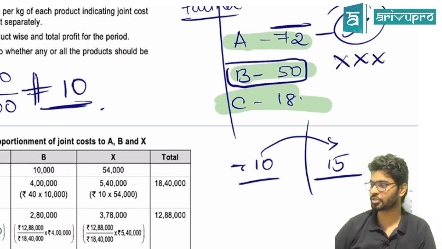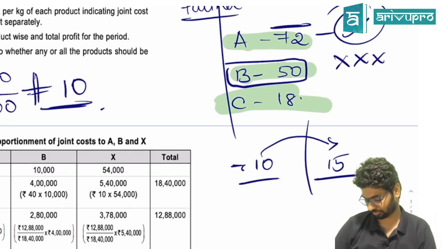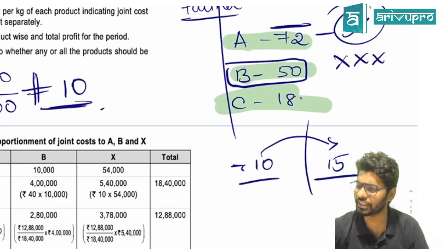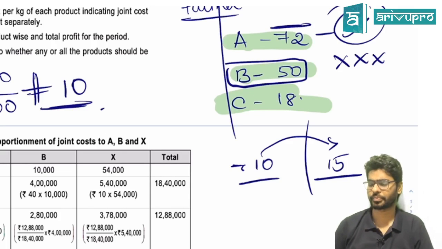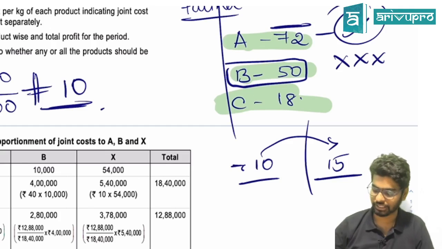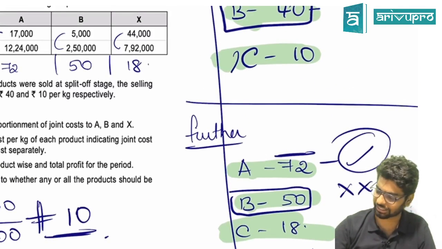Sudharani, why will you produce? No madam, see here, you are getting 40 if you sell at split off point.